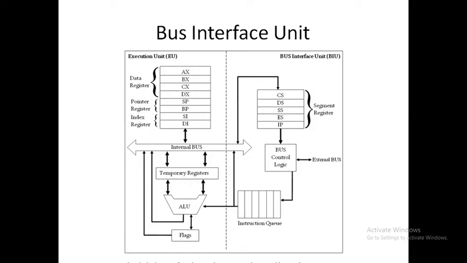Okay, student. Today's topic is BIU and EU. In 8086, we have studied what is 8086, what is the main difference between the 8086 and 8085, what is the main advanced feature of 8086, that is pipeline, and why and how it is faster than 8085.